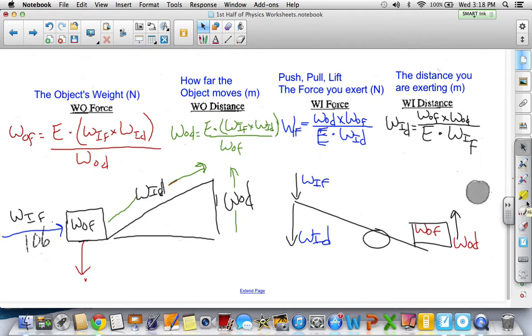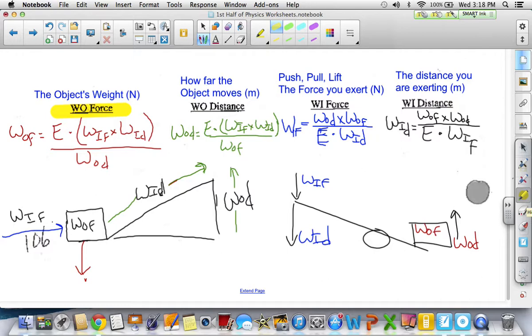As we go through these, the work output force will be the object's weight. It's the thing that you're trying to do work upon, whether it be the rock, the window, a box, a cow, whatever it is. It's the thing that you're doing the work to. It's the object's weight.